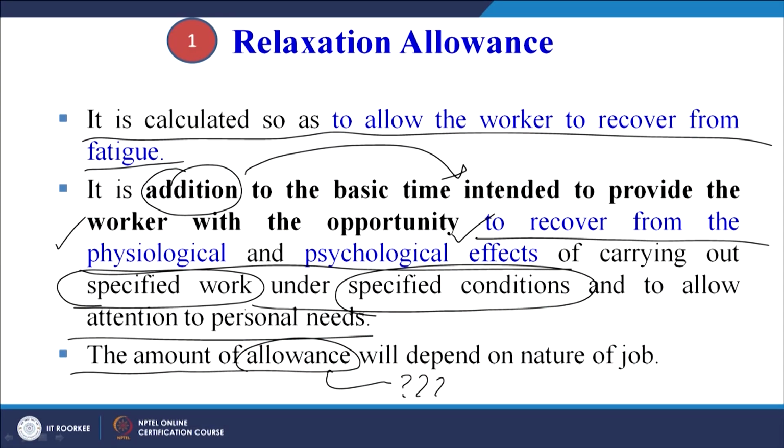So, we have seen the components of the relaxation allowance: to recover from physiological, psychological and personal needs. So, three important areas that will govern how much relaxation allowance must be given.